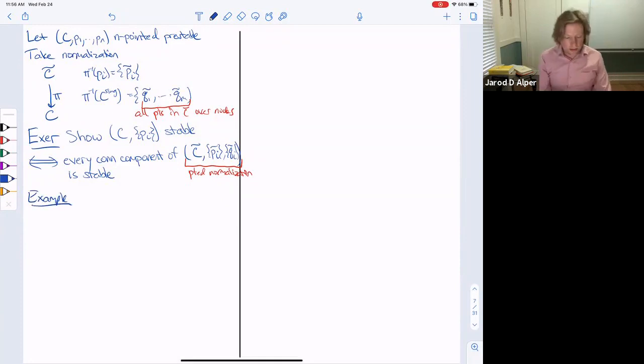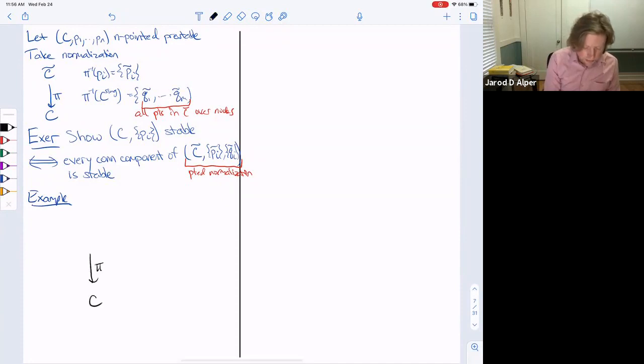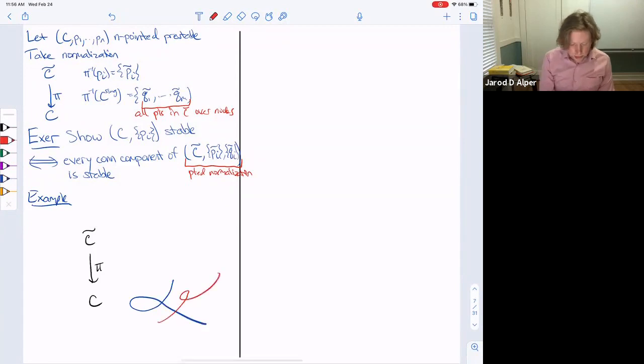So let's suppose we have our curve C, and then we'll take the normalization. Suppose our curve C has 3 components. Suppose there's a curve like this, and then in red there's this, and then there's a rational curve, maybe, with a marked point here.